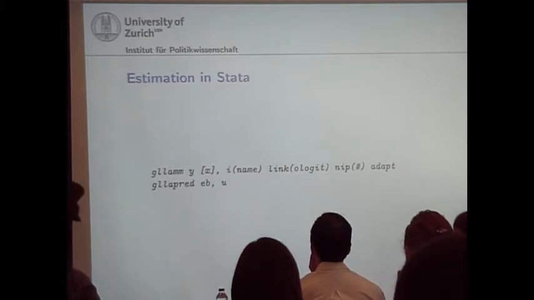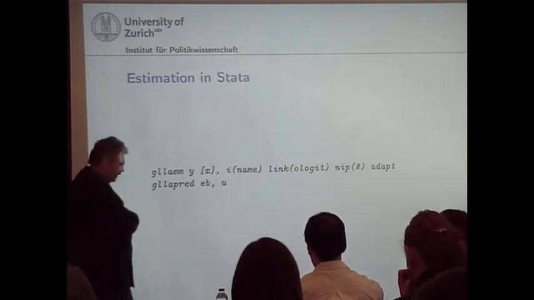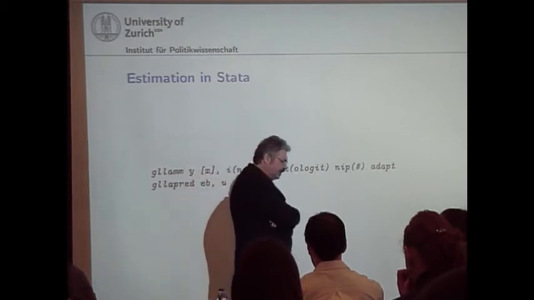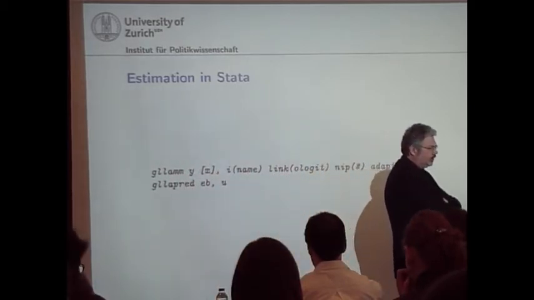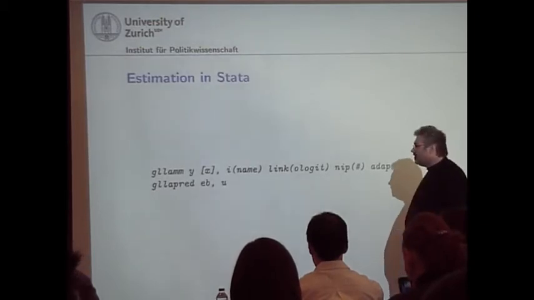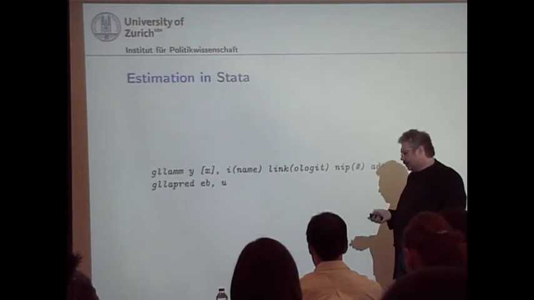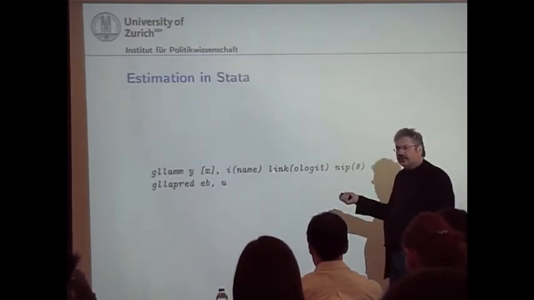So how do you estimate this in Stata? And again, this is one of the really nice things about GLAM, that it actually allows you to estimate this model. There is nothing else in Stata that allows you to estimate a multi-level ordered logit model. But it works. And the syntax is relatively the same, except we change the link function.